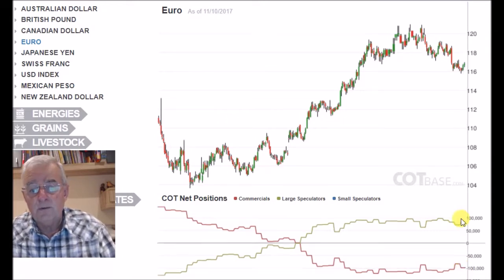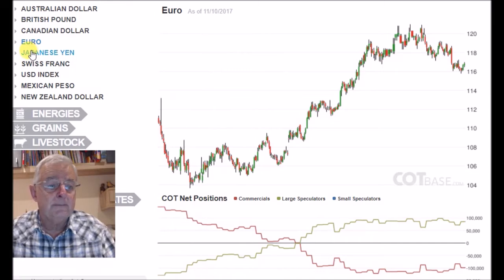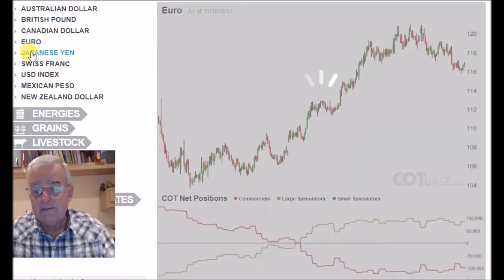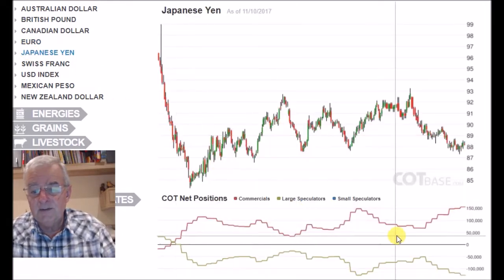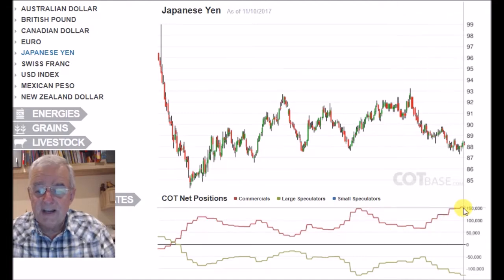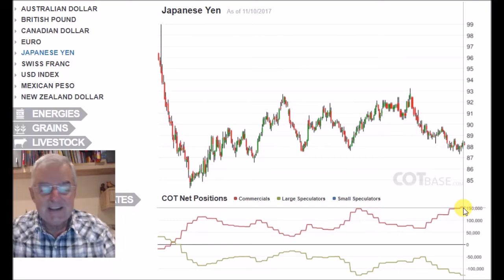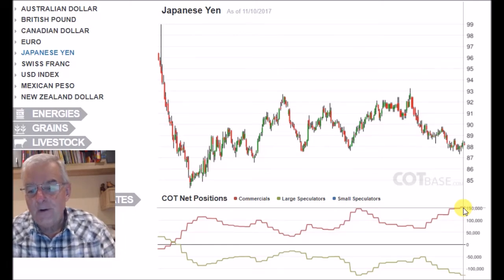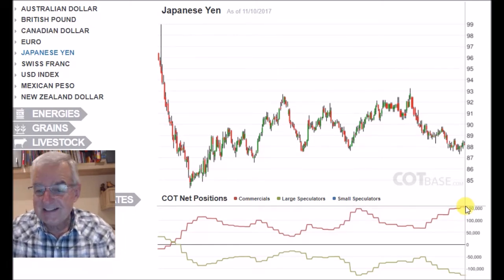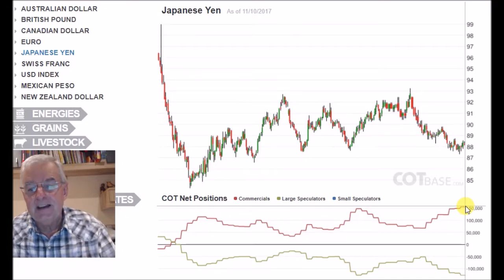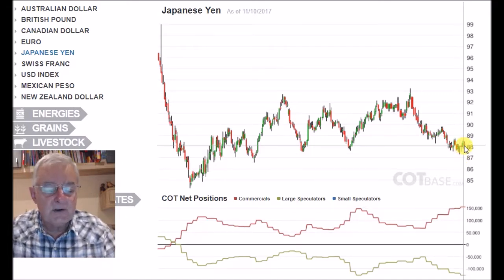So we'll see if that comes to fruition. Japanese yen. This is a bullish extreme for the Japanese yen. So I am expecting the USD Japanese yen to start to fall.